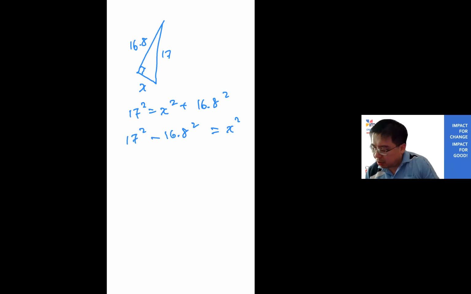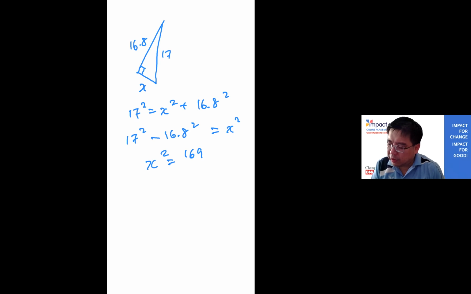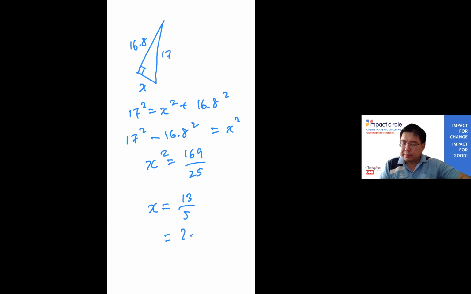Key it into the calculator, and it will give you x squared equals 169 over 25. Square rooting both sides, you will get the answer as x equals 13 over 5, or 2.6.